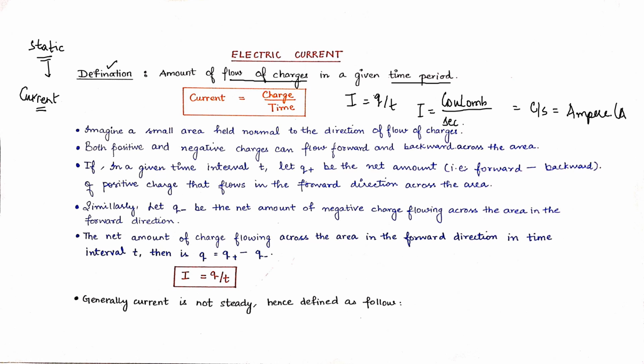Now we will try to understand what basically the current is, how the charges are flowing, and what sort of flow of charges is considered when we are trying to define the current. Let's imagine a small area held normal to the direction of flow of charges. Like our charges are flowing in this direction, we can assume, and we are considering an extremely small area dS, where S is the area.